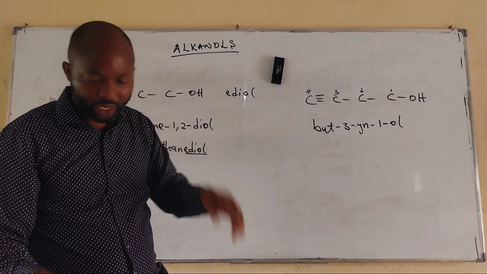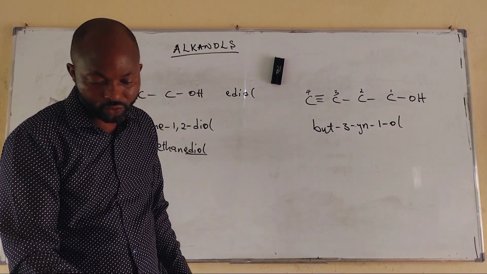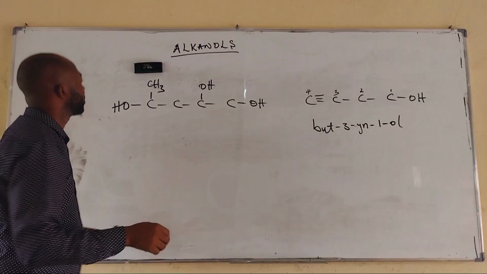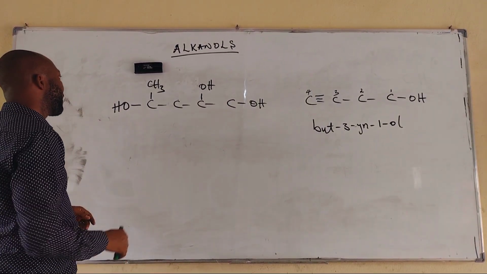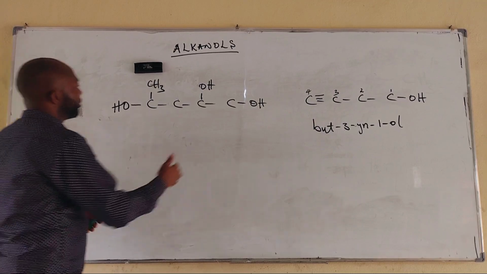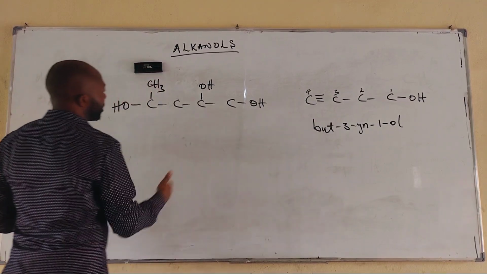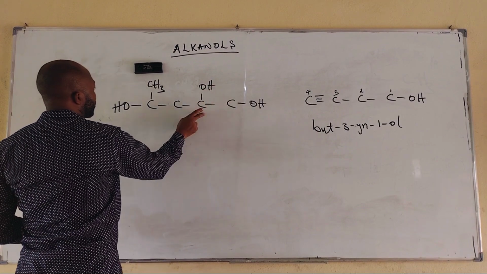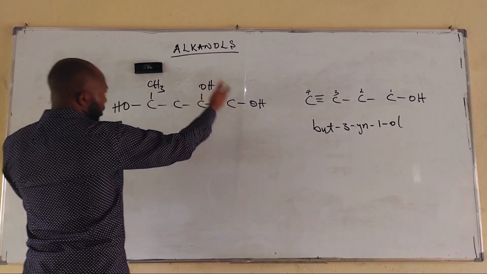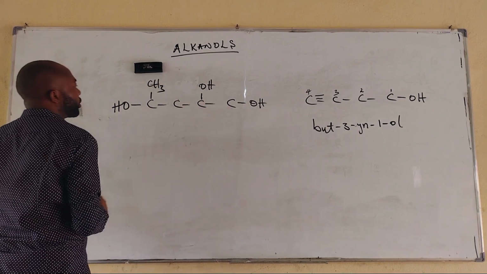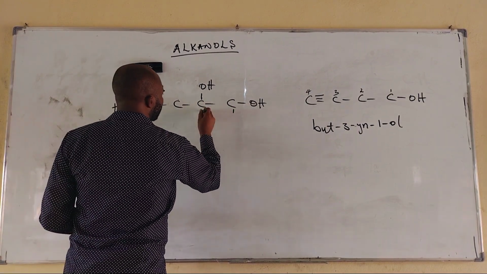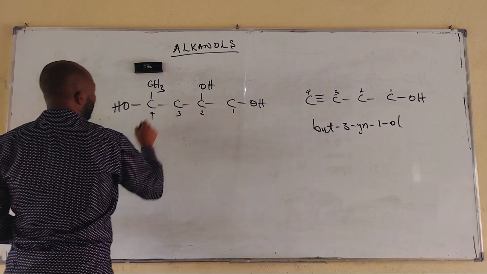Let me take another one. 1, 2, 3, 4. We start our naming from here because the OH positions 1, 2 will be lower than from the other direction, which is 1, 3. So I have my 1, 2, 3, 4.